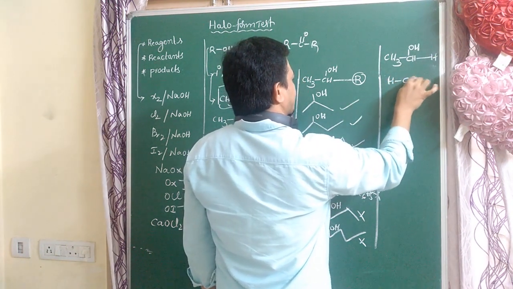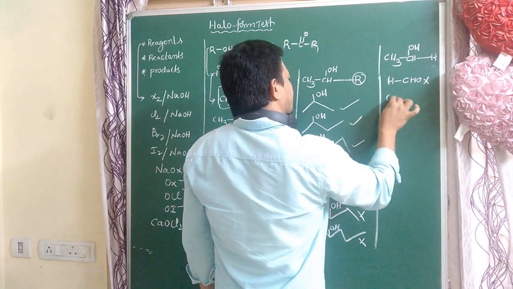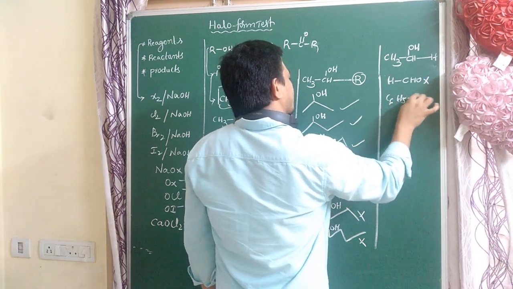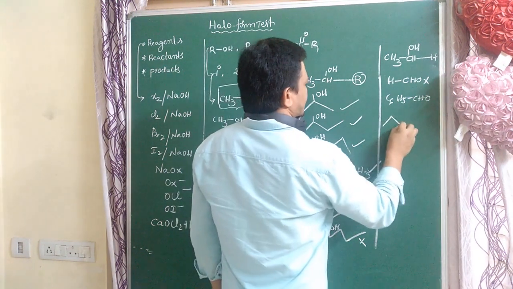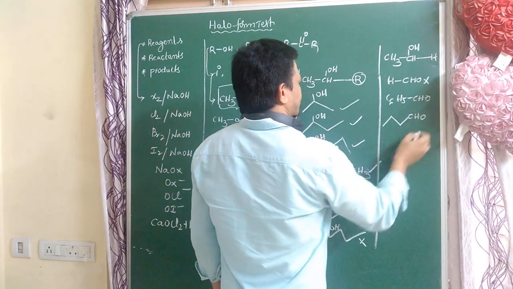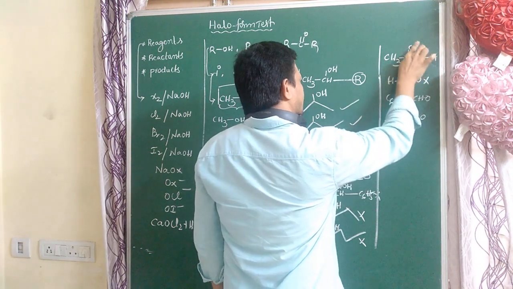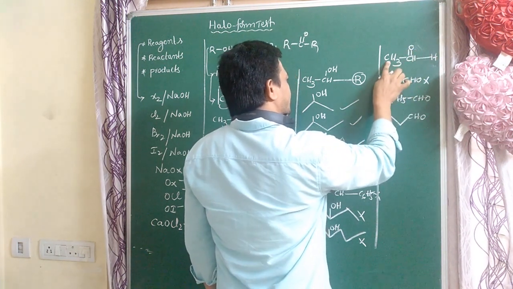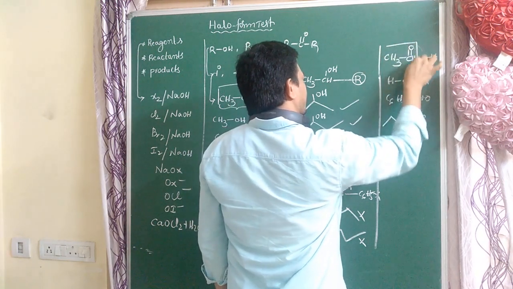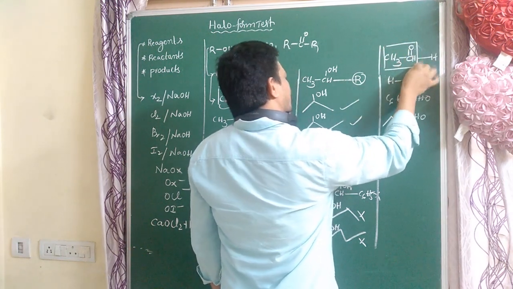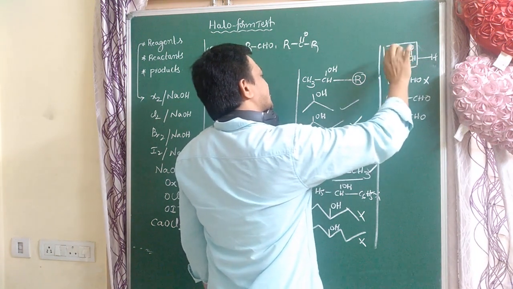Formaldehyde does not get involved, benzaldehyde does not get involved, and any other aldehydes are not involved in this reaction. Why? Because the required group in aldehydes is CH3CH=O. This is the required group, and it is present only in acetaldehyde.